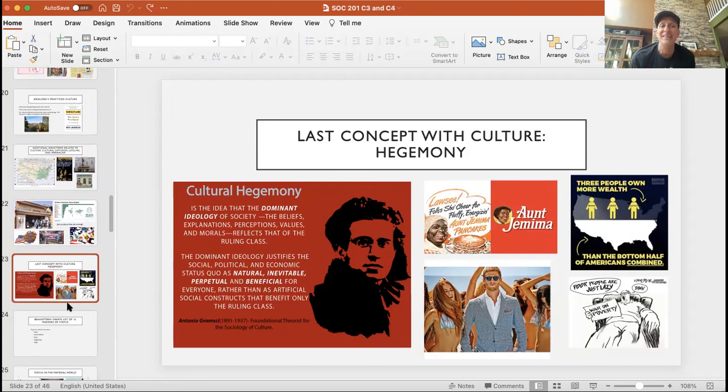Hegemony is the idea that the dominant ideology of society, the dominant beliefs and values, reflect the interests of the ruling class. Going back to that speeding ticket, it's the same fine for everyone. Gramsci would argue that idea represents ruling class interest, but we get socialized into it. We, meaning the non-ruling class, support that ideology, reinforce it, and defend it, right?